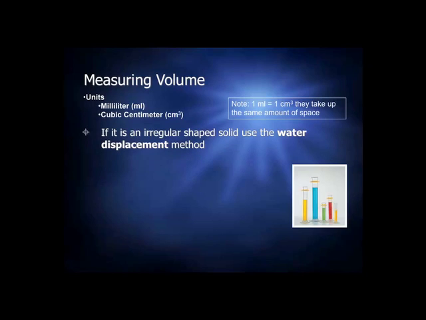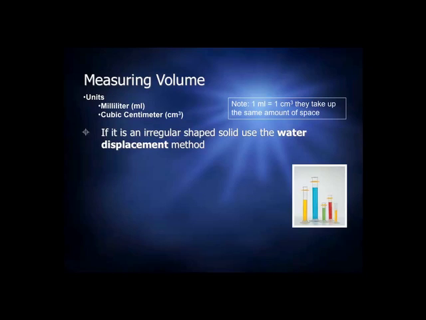Now, what if I have an irregular shape? Let's say I have some shape that I don't have a formula for. Say I want to know the volume of this clippy thing. Is there any formula for the volume of a clippy thing?